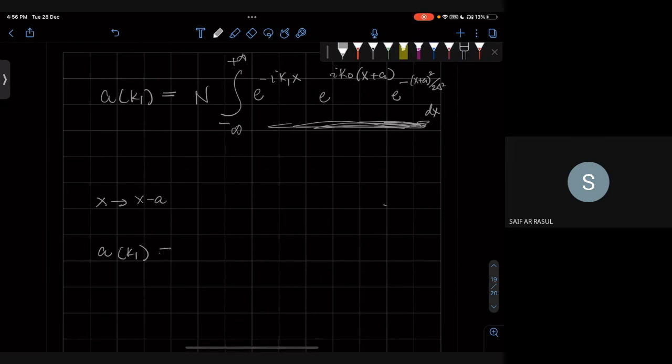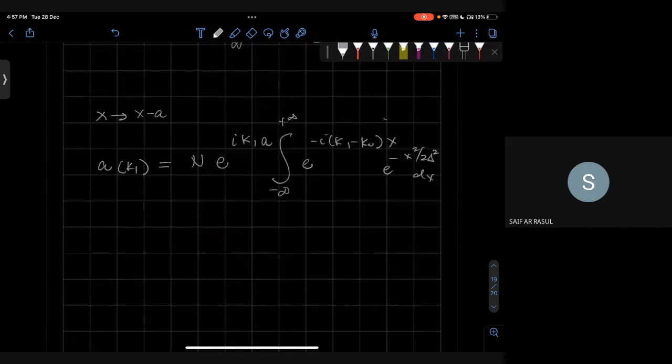Then we get N e to the power plus i k1 a, and inside the integral I get e to the power minus i (k1 minus k0) x, e to the power minus x squared by 2 delta squared, dx. Okay, so this is a Gaussian integral.